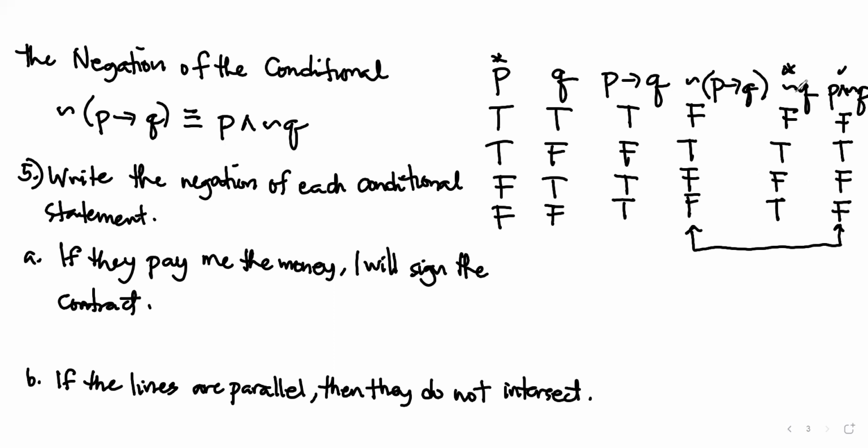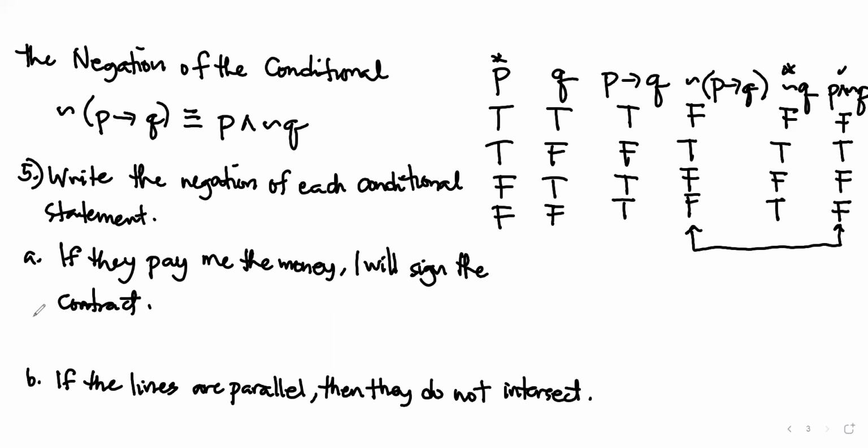Next, write the negation of each conditional statement. So we're going to write the given conditional statement into the form of the negation of the conditional, P and not Q. Letter A: if they pay me the money, I will sign the contract.